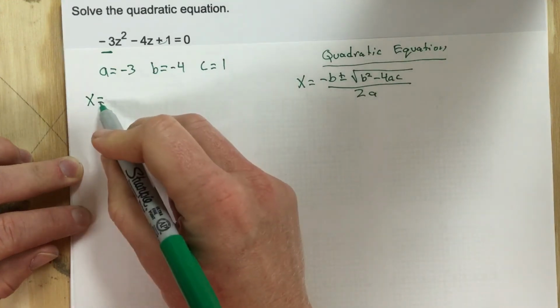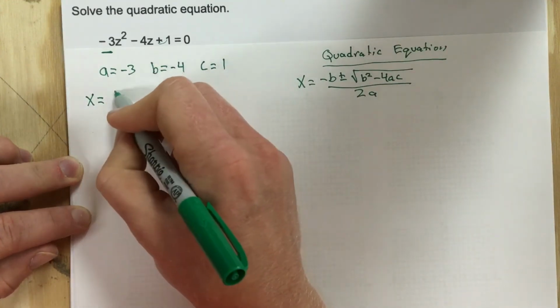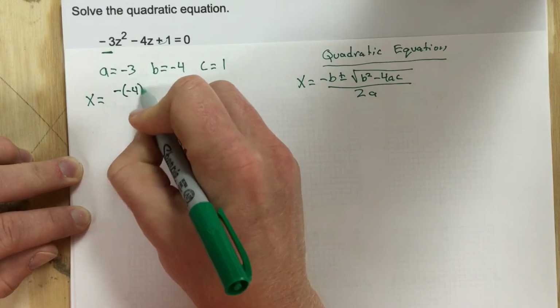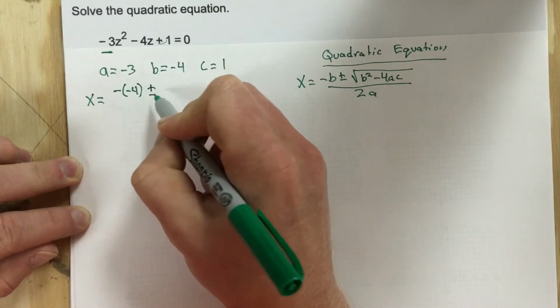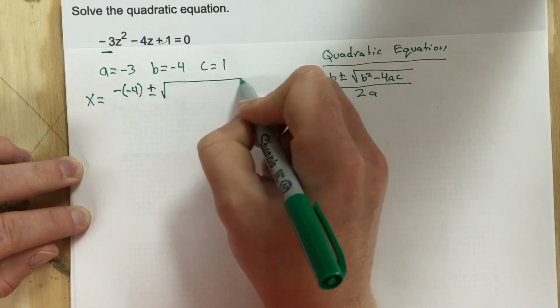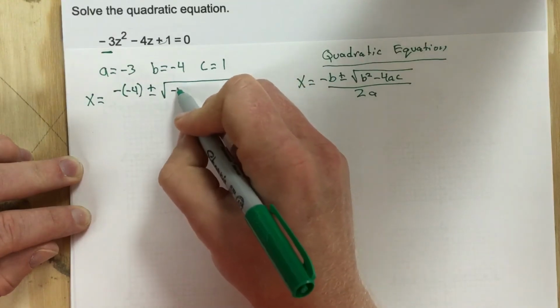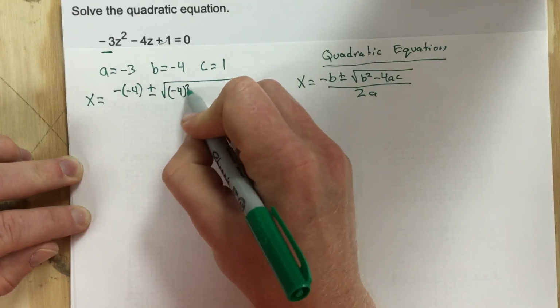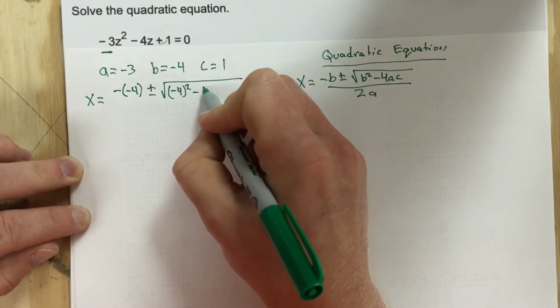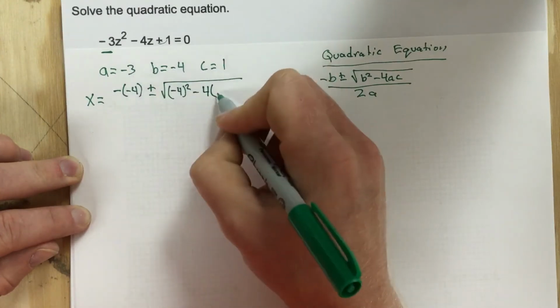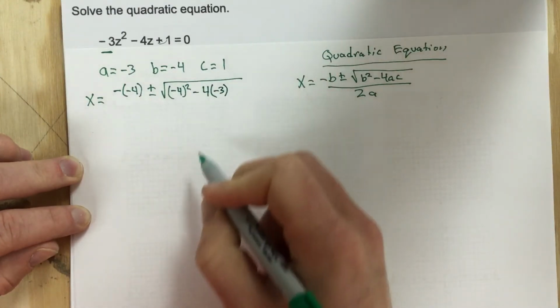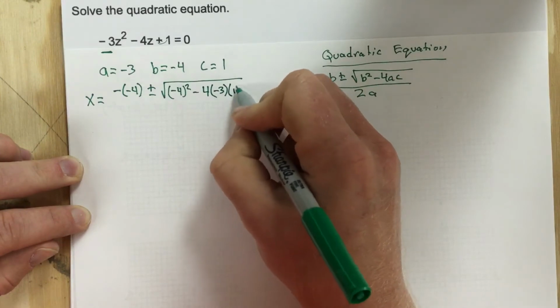So I get x equals -b, which would be -4, plus and minus the root of -4 squared minus 4 times a, which is -3, times c, which is 1.